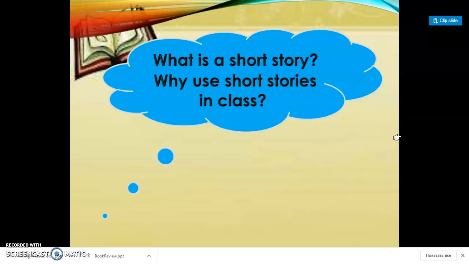Why use short stories in class? The short story is a crafted form in its own right. Short stories make use of plot, resonance, and other dynamic components, as in a novel, but typically to a lesser degree.